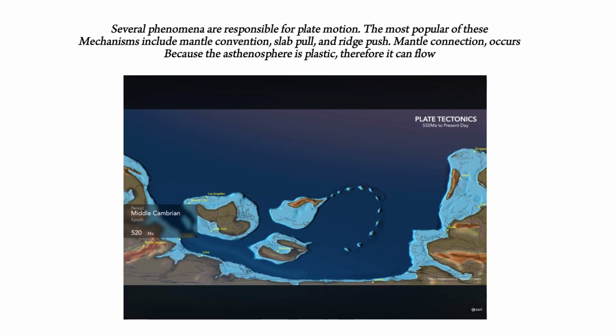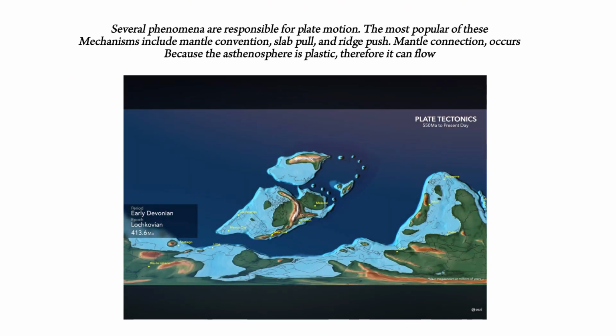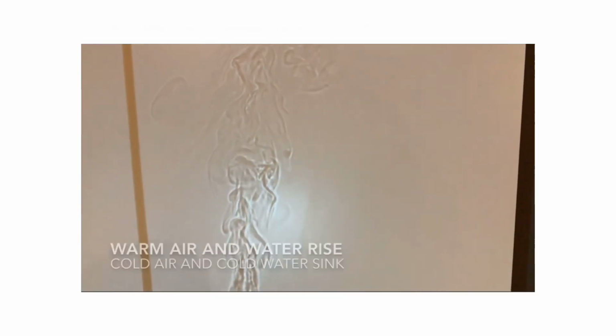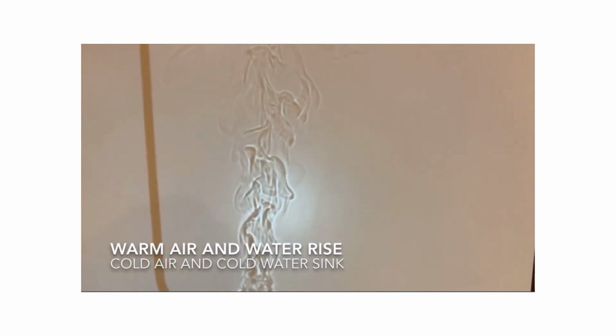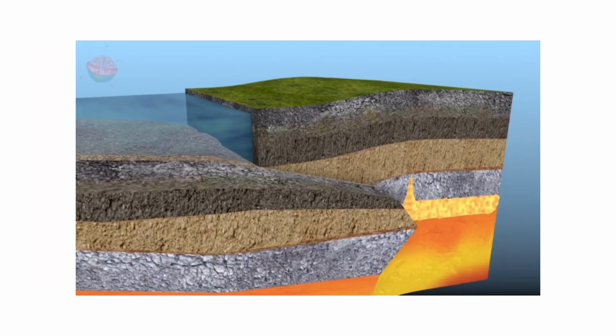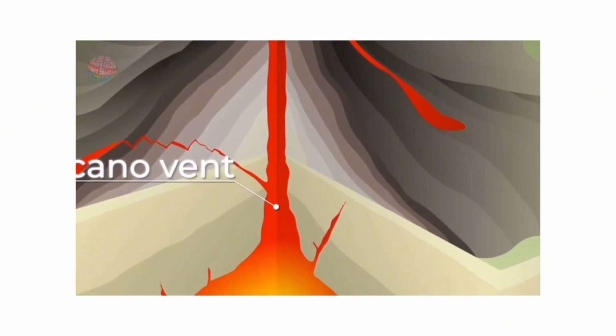The most common of these mechanisms is the mantle, which can flow due to differences in density between materials in the Earth's interior. Colder and denser materials sink, whereas hotter and buoyant materials rise. Plates can subduct into the mantle because it is capable of flow. It can also rise, resulting in the creation of magma and eventually seafloor material.